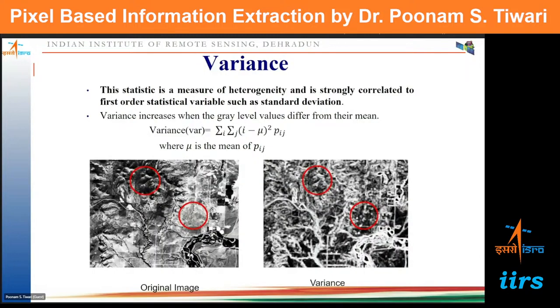Then we have variance. Variance means how much heterogeneity is there, and it is correlated to first order statistical variables such as standard deviation. So in first order, we have seen we can calculate the standard deviation also. So it has high correlation with standard deviation. So variance increases when the gray level values differ from their mean.